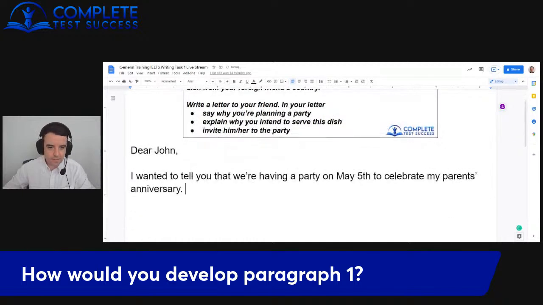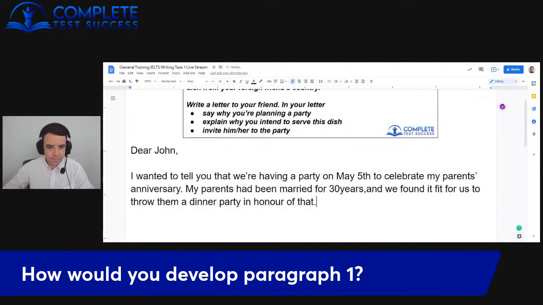Okay. So my parents, so we'd have to say have been married for 30 years, with a space between those, space after the comma, and we found it fit. It's right, but it's too formal again.